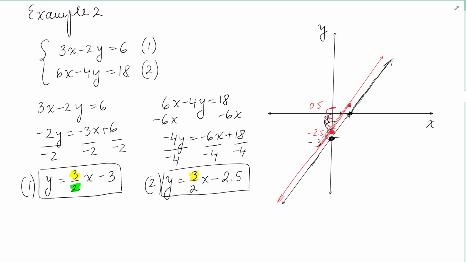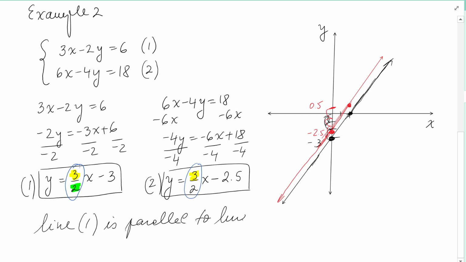And that's also given by the slopes. The slope of this line equals the slope of this line. So basically, line 1 is parallel to line 2, which means the system has no solution.